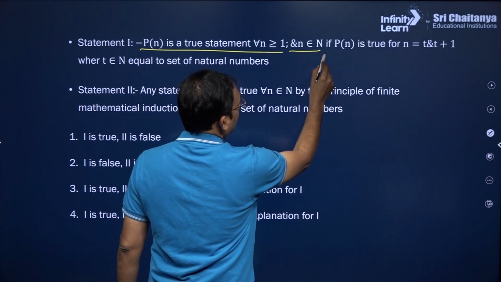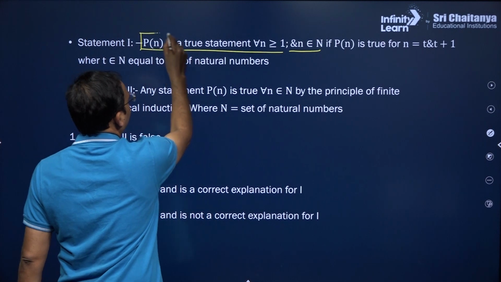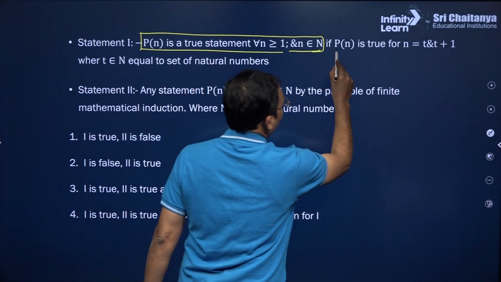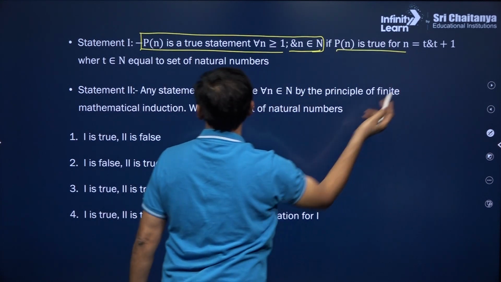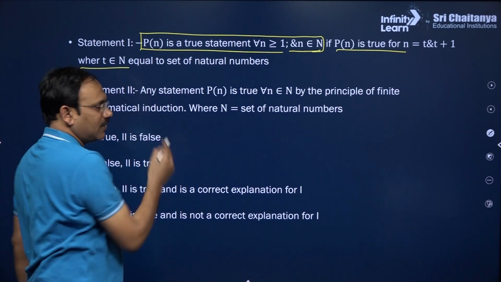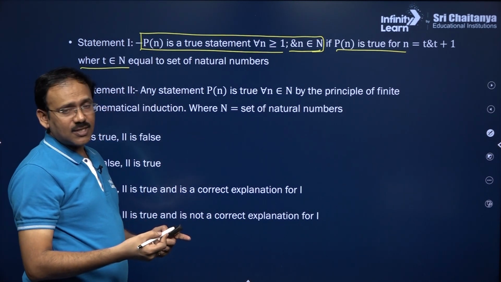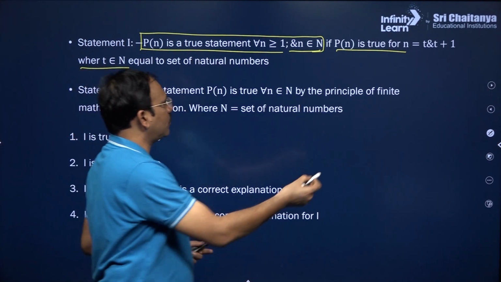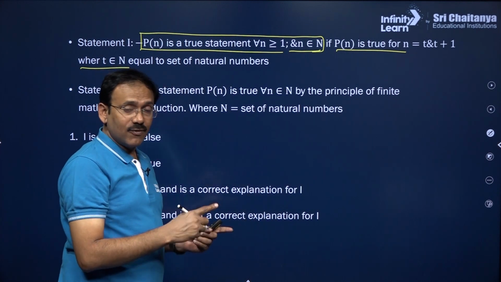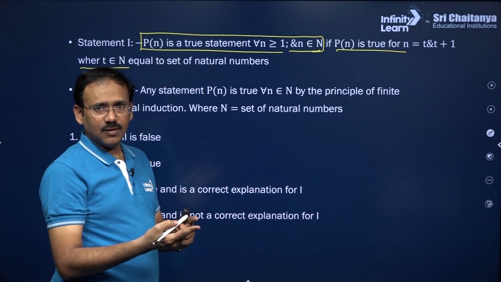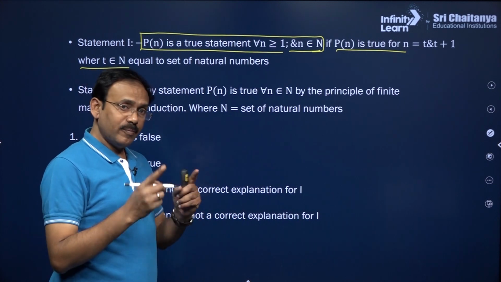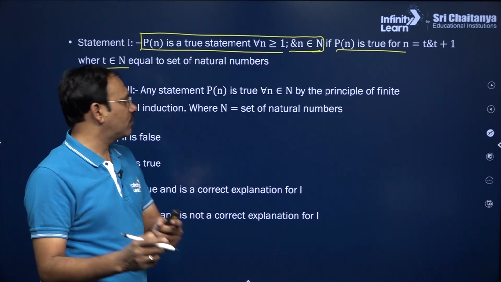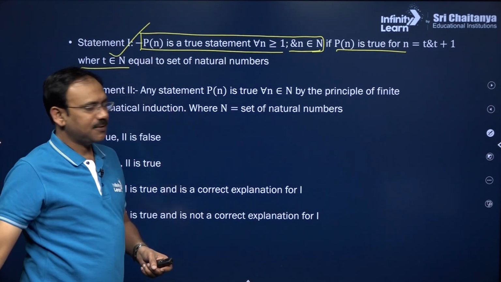If P of n is true for n is t and t plus 1 for all t belongs to N. Yes, whenever the statement is true for t plus 1, it is true for all n, correct, because if you put t is equal to 1, it is true for P of 1, P of 2. So, suppose 1, 2 correct, then P of 2, P of 3. Since 3 is correct, P of 3, P of 4, like that one induces the next one. So, we can say that this statement is valid.